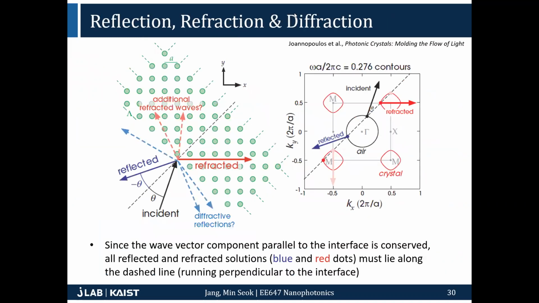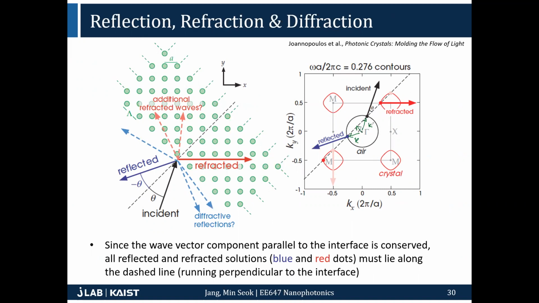If that is the situation, then this is your incident light K vector. This is your reflected light K vector, because that's the only solution.